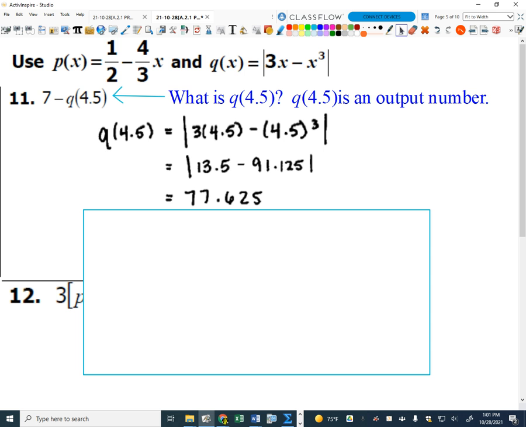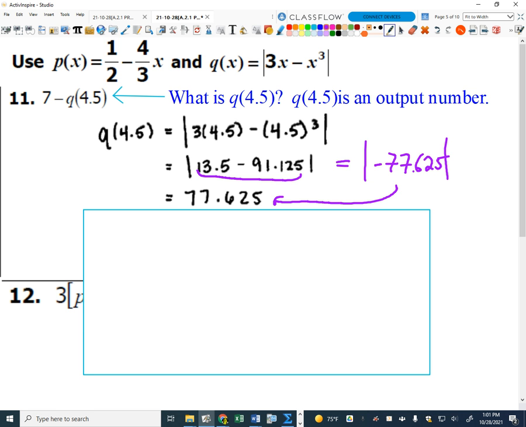There's one step that they skipped that I'm going to write. So that's equal to the absolute value of 13.5 minus 91.125, which is negative 77.625. And then I take the absolute value of that negative, and that's my output. Am I done?